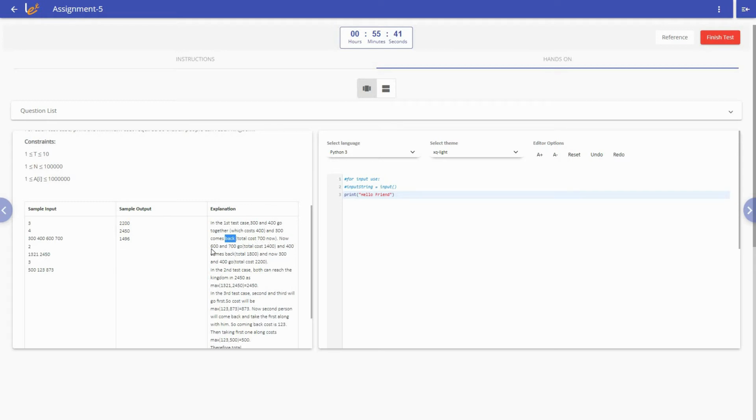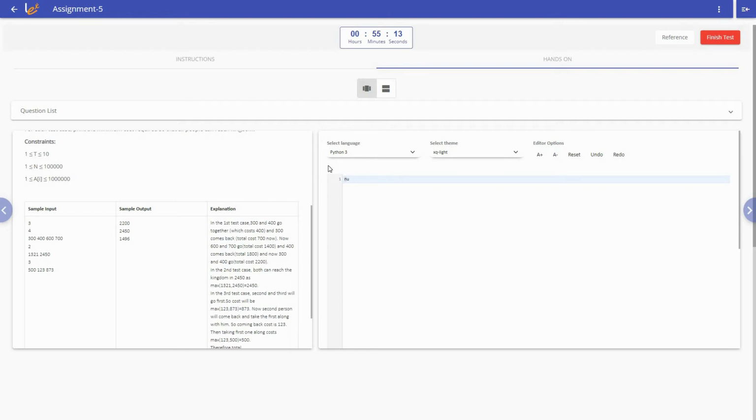Now 600 and 700 would go together for a cost of 700, making the total 1400, and 400 comes back, so the total cost increases again. Now 300 and 400 go, and the larger of the two is 400, added to the 1800, which becomes 2200. So that's the way of solving this problem.